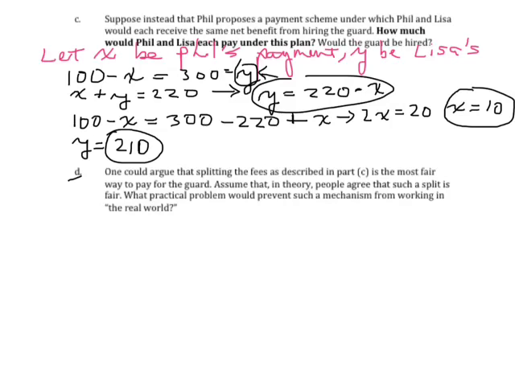Now, part D is the real hang-up to this methodology. Assume that we knew each person's valuation, and the problem in the real world is we don't. We don't know valuations.